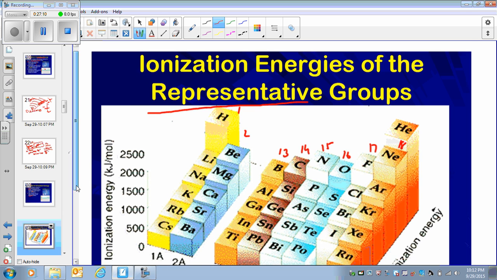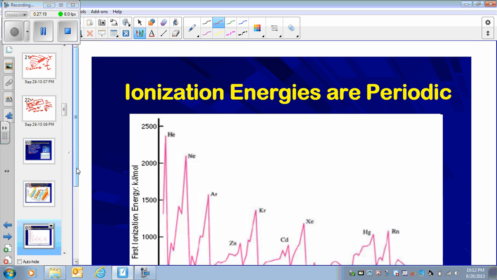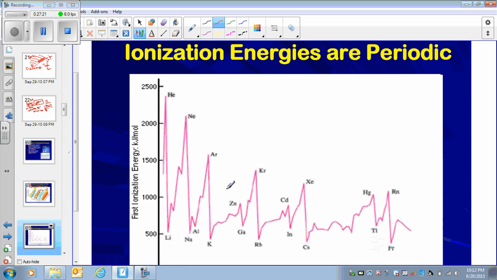Sometimes it kind of varies, it's not always as simple as I'm explaining. There are a lot of exceptions, and that is because of the individual metallic properties of the elements. Here is another way to look at it: going across the period, from potassium to argon, the ionization energy will increase.